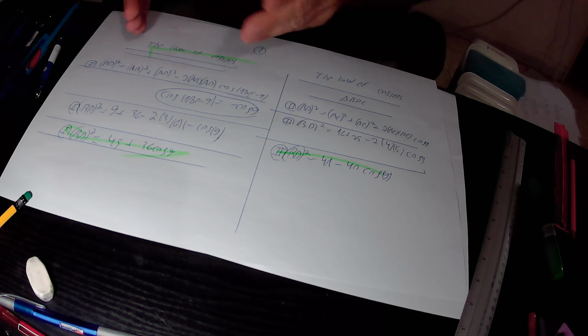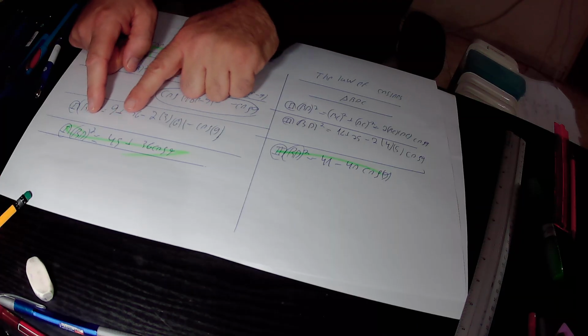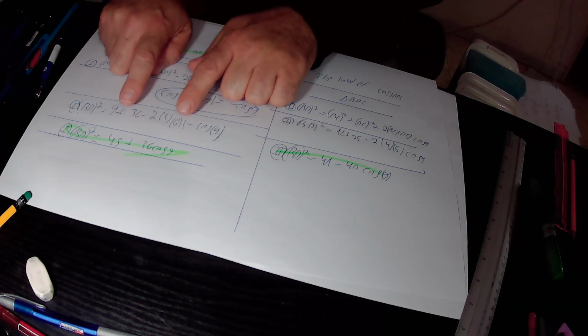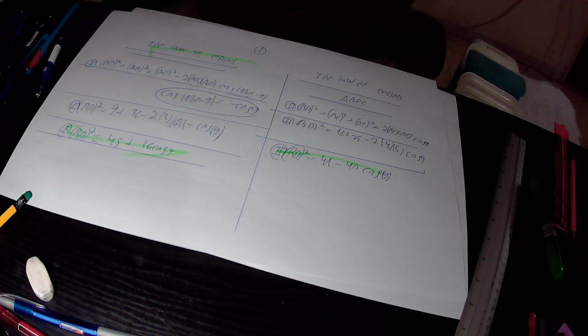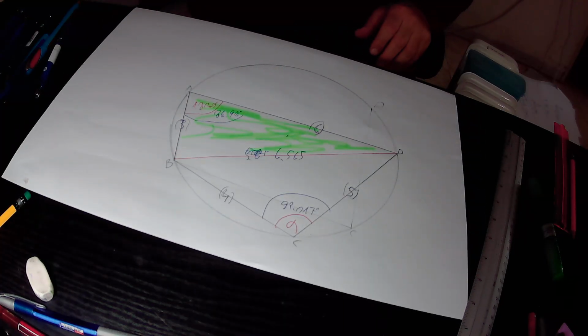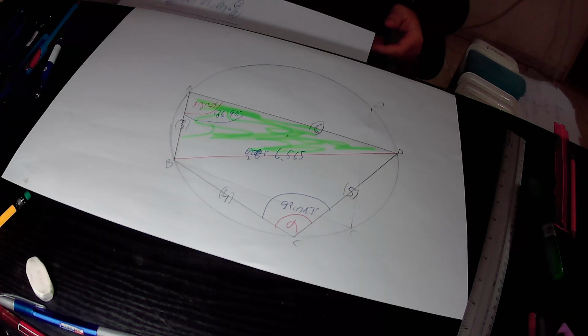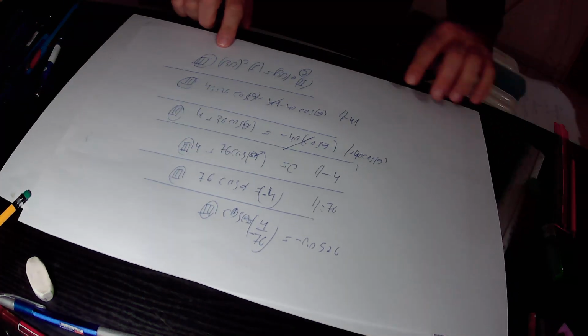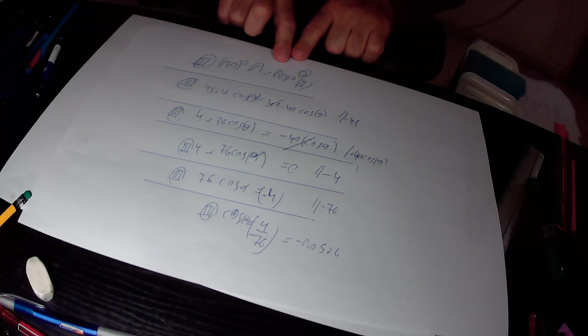But according to equation 1, we found that BD squared equals 45 plus 36 times cosine alpha. So we have two different equations for BD squared. Therefore, equation 3 says that BD squared according to equation 1 must be equal to BD squared according to equation 2.